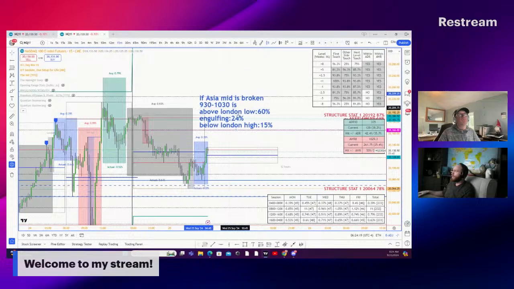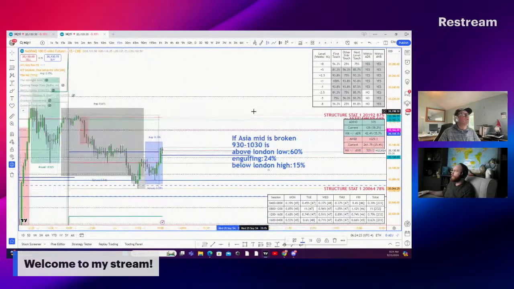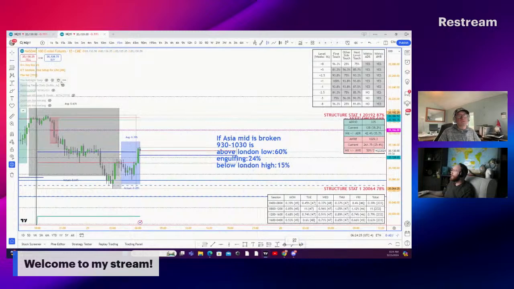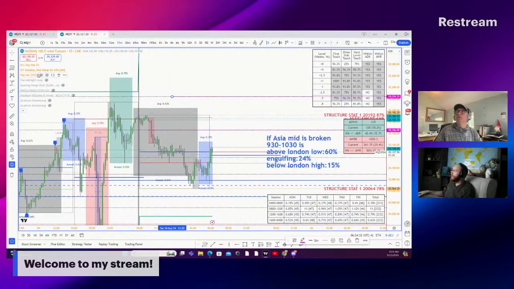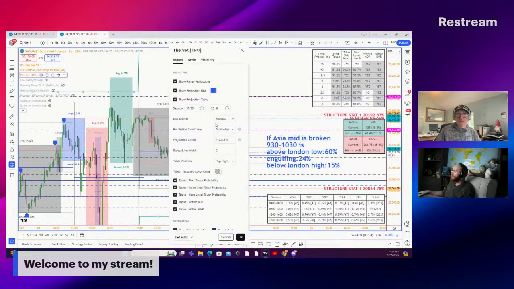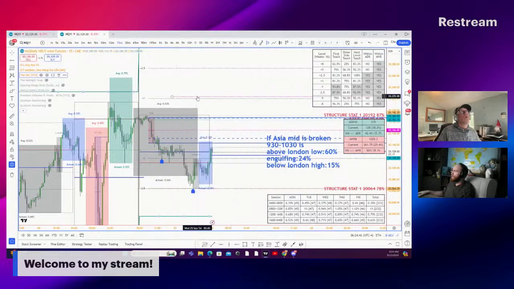All right, so now, let me get this ready. Oh, yeah. Go to the vet, turn it on. Make sure you change this to Tuesday, 19:30, 20:30, 5-minute, 125, and so on. All right.